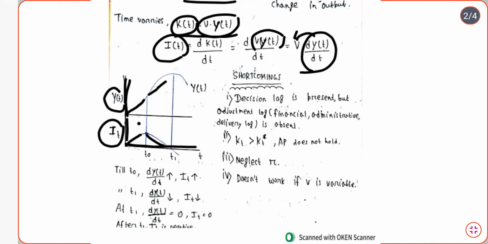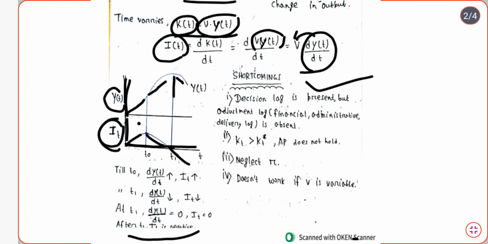Similarly at t1, this yt is at its maximum point, so obviously dyt by dt is 0, and it is basically becoming 0 at this point, you can easily see. And after t1 our dyt by dt is falling and becoming negative. You can see that our investment it is becoming negative after t1.